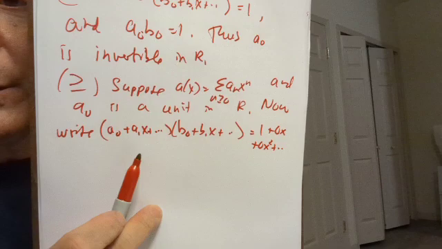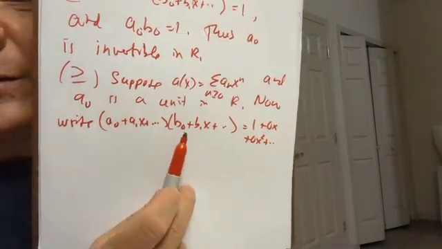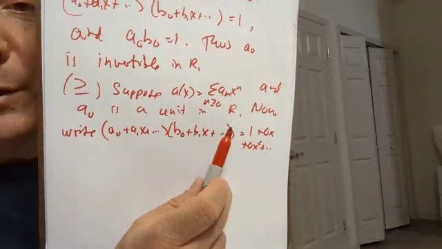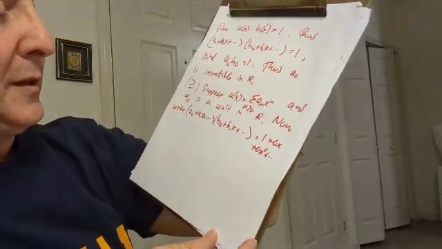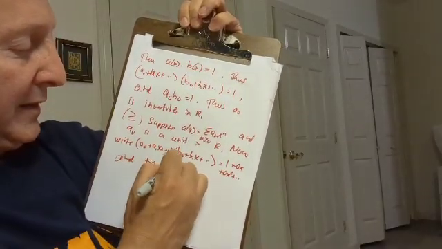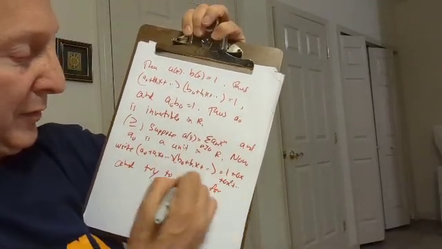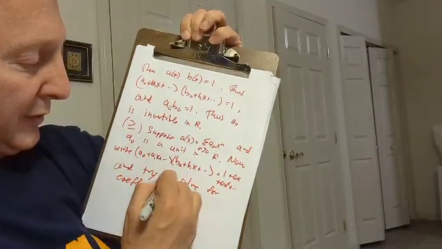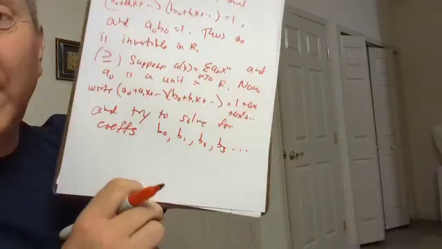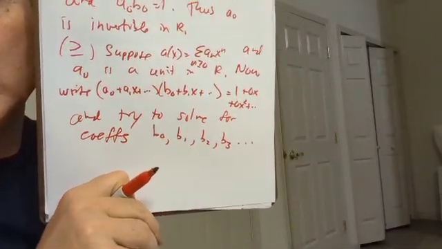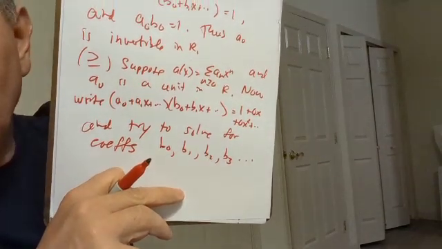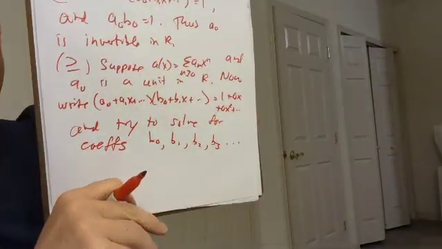So we have this A power series. We're trying to find a B power series such that A power series times B power series equals 1. So I'll write that and try to solve for coefficients b0, b1, b2, b3, etc. If we can show that we can uniquely solve for these, then there's our inverse for A. Well, let's start with the constant term.